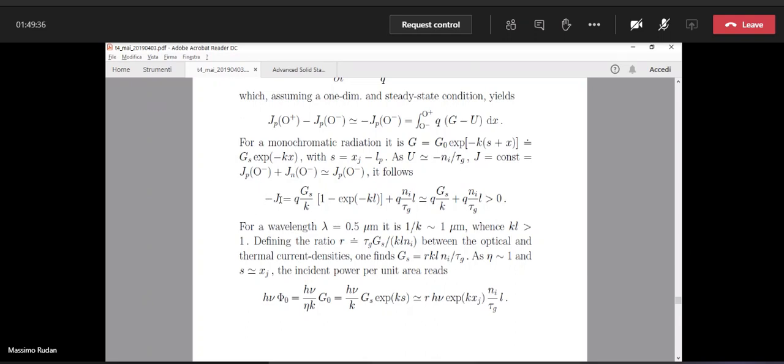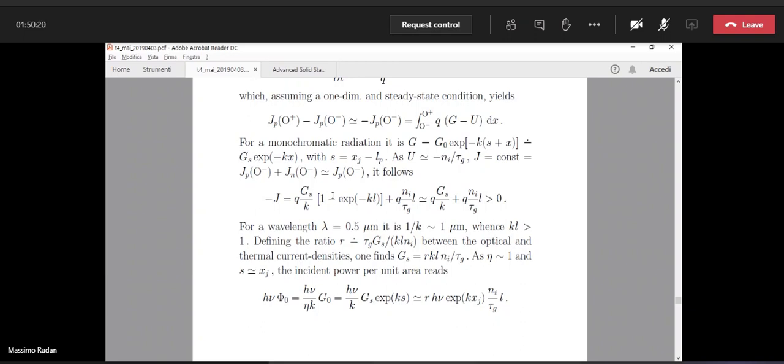We have minus J. Then we must integrate the optical generation. Of course, we get Q times Gs over K times 1 minus the exponential of minus KL, plus the term associated to the thermal generation, that is plus Q ni L over tau G. L, as you remember, is the extension of the space charge region of the device.